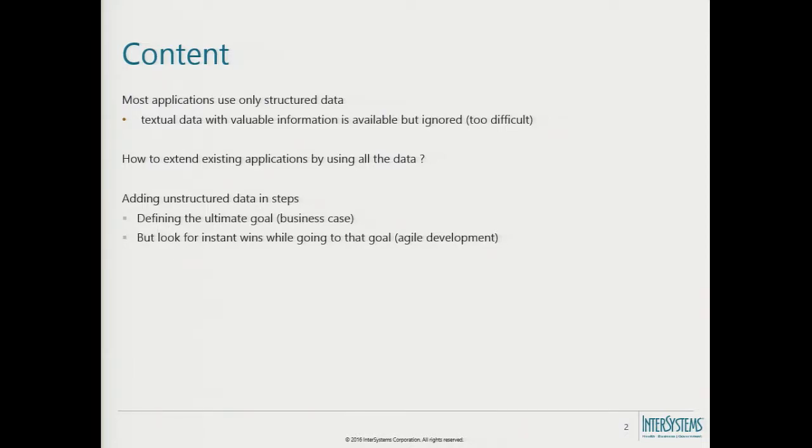We seldom see those applications using unstructured data, and when I talk about unstructured data, I talk about text, because there's a lot more than text. I'm not talking about images and stuff, only text. So a lot of applications just don't use text, other than entering some text and searching maybe in it or printing it.